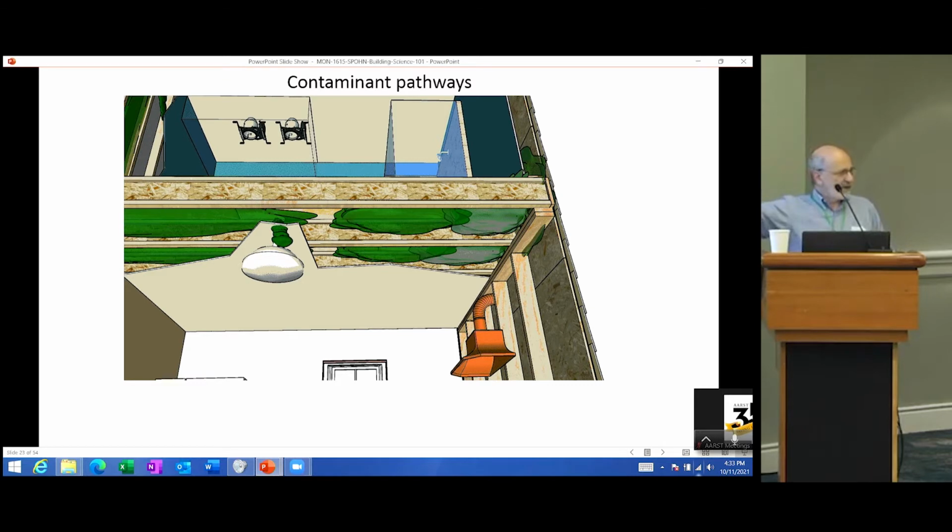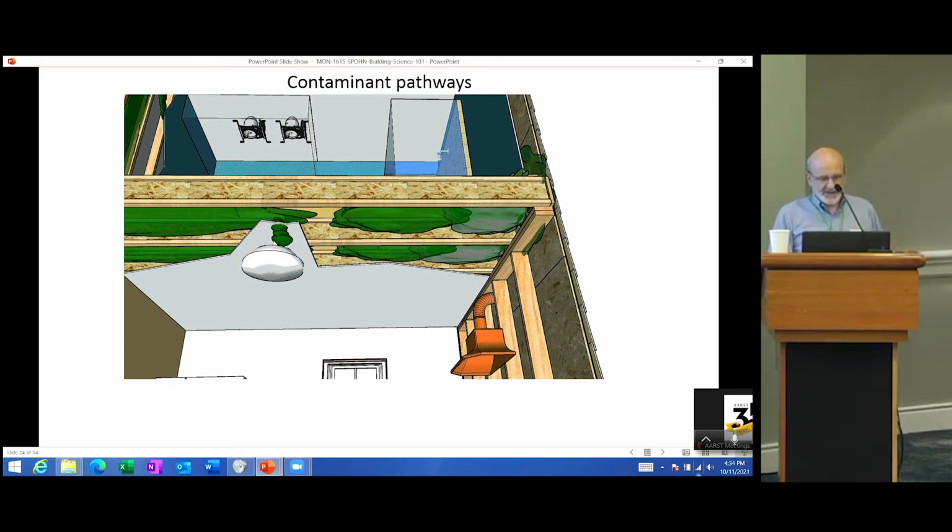That's pulling an awful lot of air through the structure, and air is going to take the path of least resistance and find a way to move through. So even though you're exhausting the cooking odors from the kitchen, if you don't have makeup air, it will find air somewhere else. And if that air comes from a space you didn't want it to come from, it's going to come from there anyway because the pathways are present.